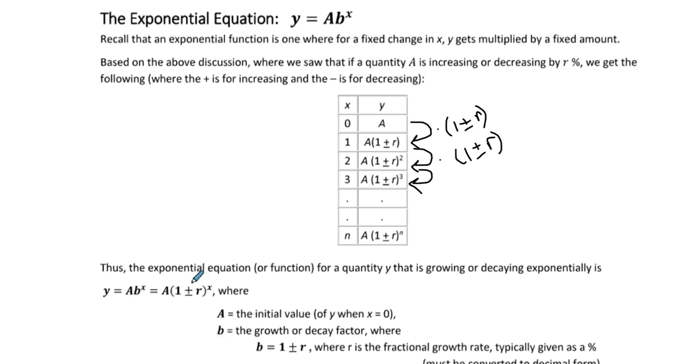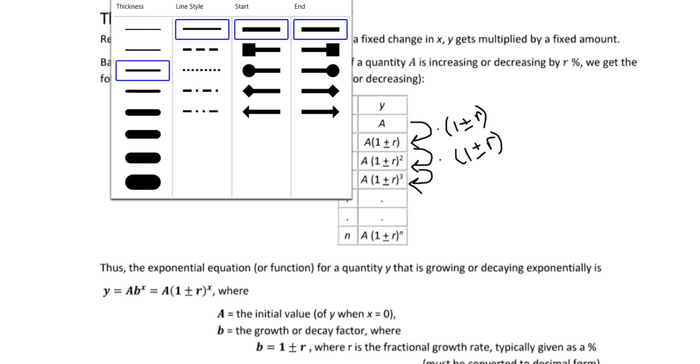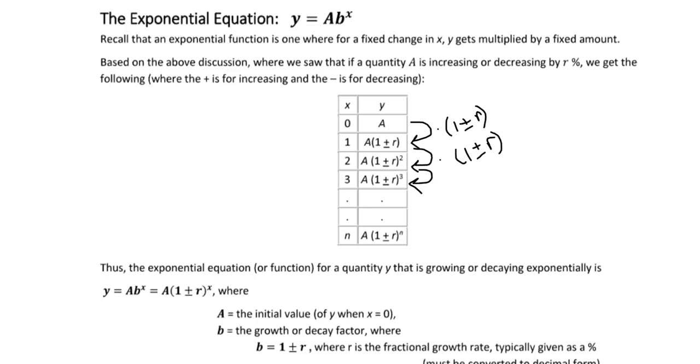So first of all, the A. The A quantity is the initial value. Sorry, let's try this again. So this A value is our initial value, at time equals 0 or whatever the initial condition is.